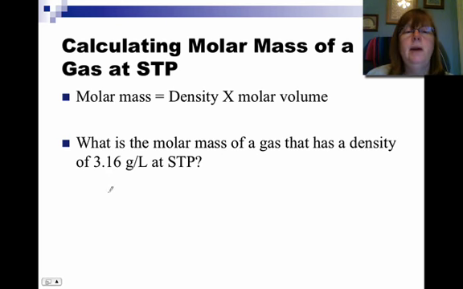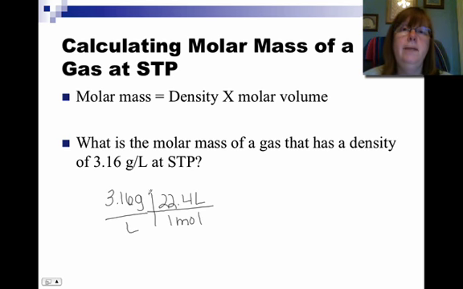Let's do 3.16 grams per liter, and then multiply that by 22.4 liters per mole. Look at what happens to our units. The liters cancel. We're left with the unit grams per mole, and that is the unit for molar mass.